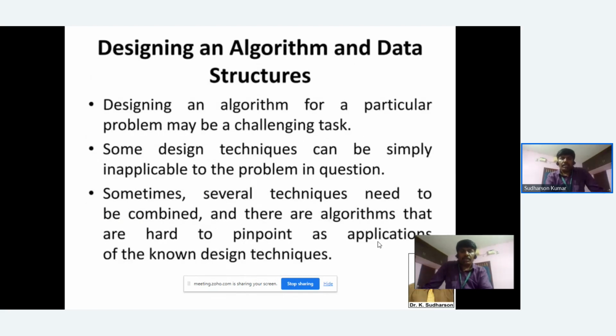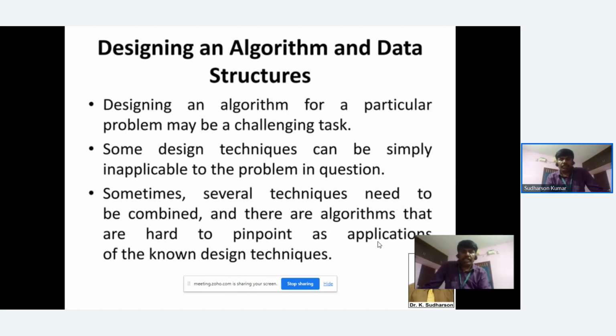Then the next step is designing an algorithm and a data structure. Designing an algorithm for a particular problem is always a challenging task. So we have to follow some design technique. Sometimes several techniques need to be combined.